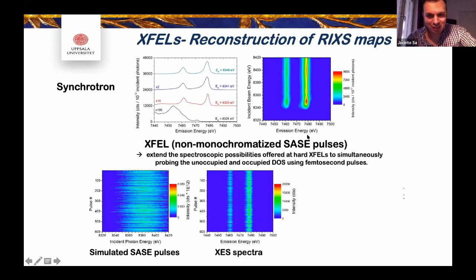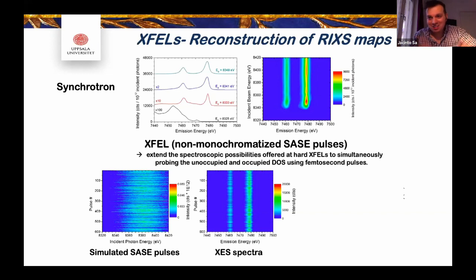So it made us think, and I would have to say there are a lot more clever people than me on this, but especially with Jakob and Eve, we came up with this idea: what if we use the non-monochromatized SASE pulses, which are basically very, very, very ugly pulses. They have about 100 electron volts in energy.